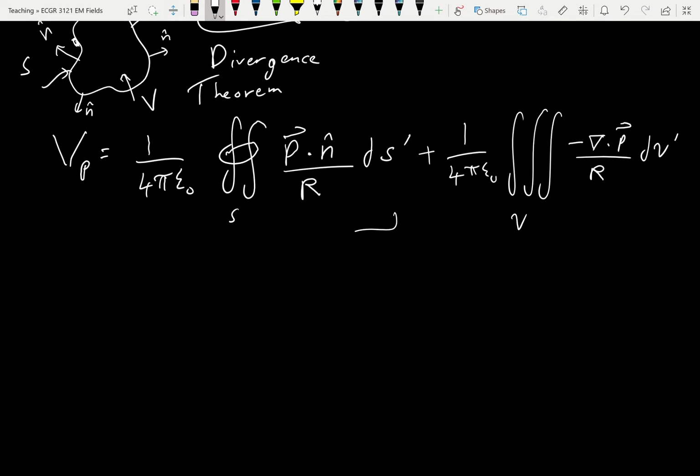This part looks like a voltage that arises due to a surface charge density. Why? Because we have this term here that's a coulomb over meter squared, right? That's what the units of P are, times the surface. So this looks like a surface charge density.